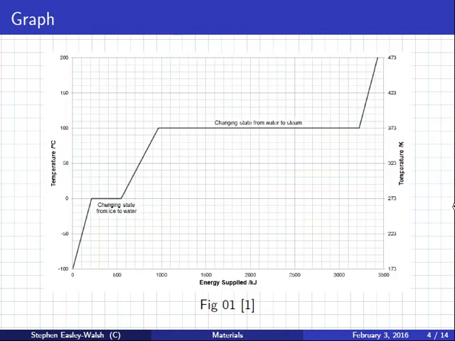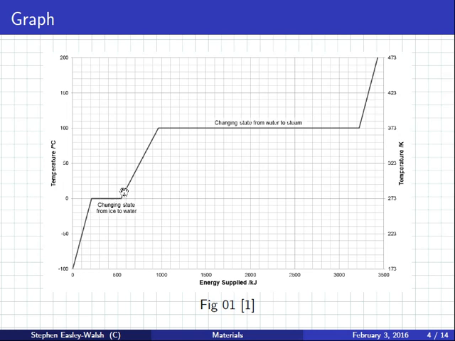Now you see, you don't quite get a straight line. If the ice started at minus 100 and you start putting heat energy into it, it will increase in temperature. But then all of a sudden, it no longer increases in temperature. The temperature stays constant even though you're putting more heat into it.